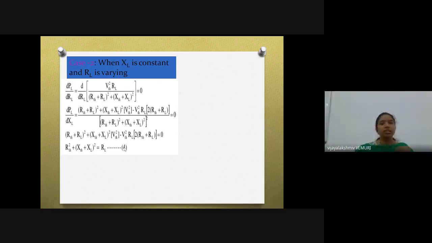After simplification, have you got RTH square plus XTH plus XL whole square is equal to RL squared? Have you got it or not? Make it fast.